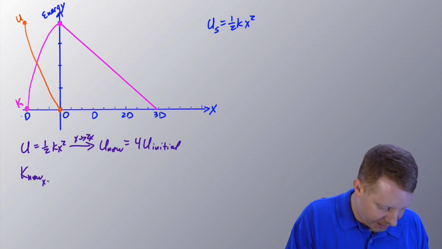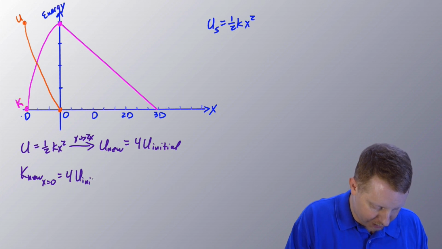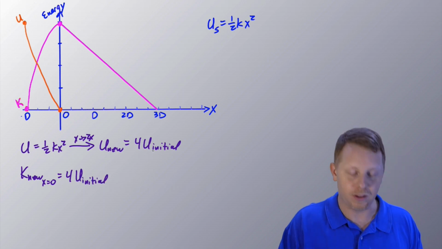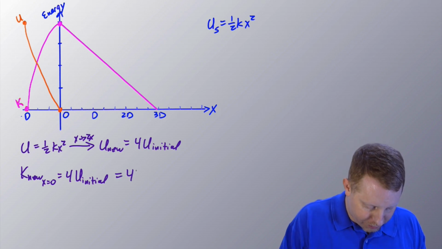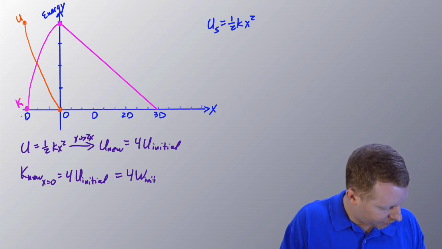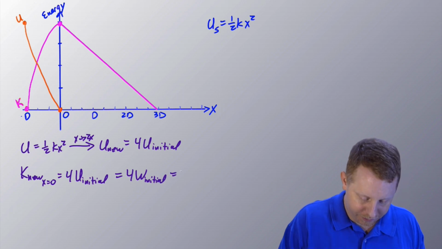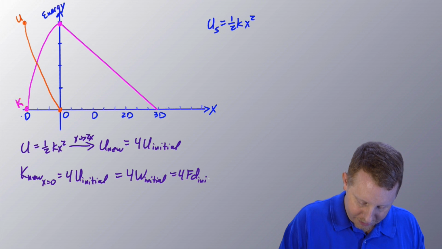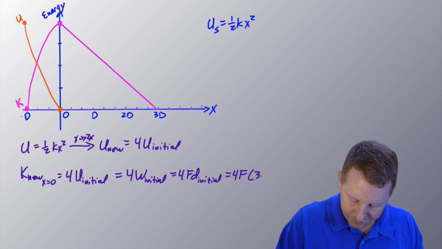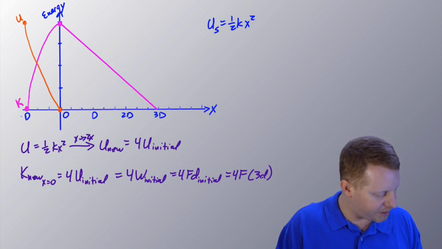So our new kinetic energy when we get to x equals 0 is going to be 4 times what it was initially, 4 times our initial elastic potential energy, which means we're going to get 4 times the work done, which means we have 4 times the force times distance, the initial distance, which is going to be 4 times the force, which occurs when we have 3 times the distance.